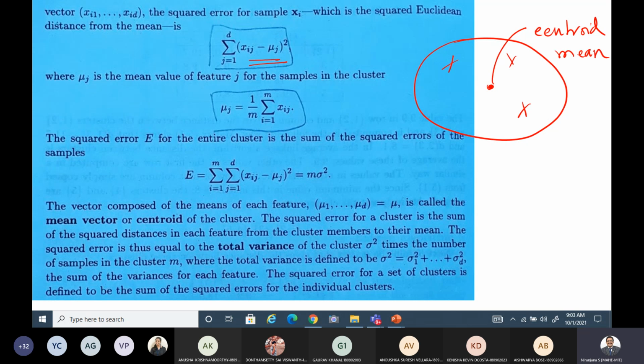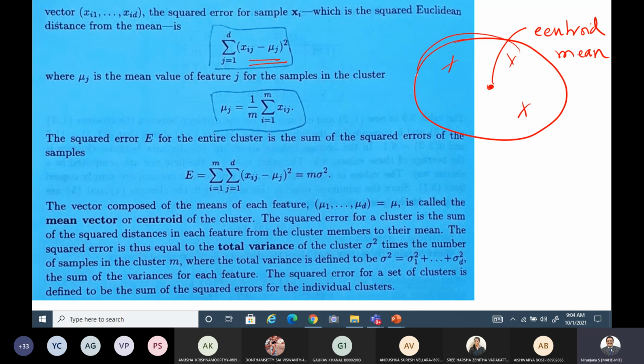So when you have multiple samples, and there is a group of samples you consider as a cluster, and for the cluster there is a center point or centroid or a mean value, with respect to the mean, how far each feature is away, based on that the error could be defined here.